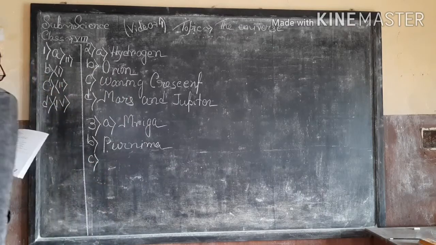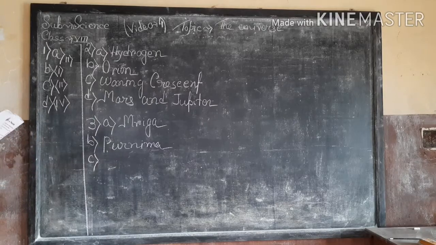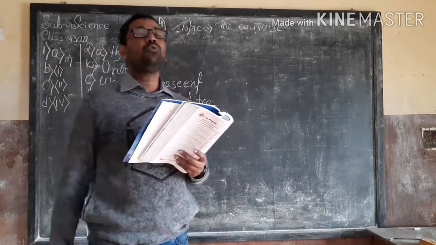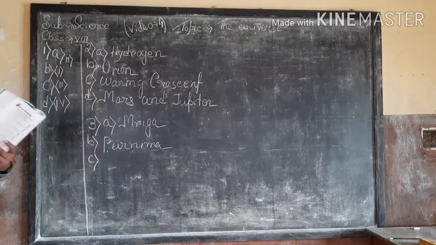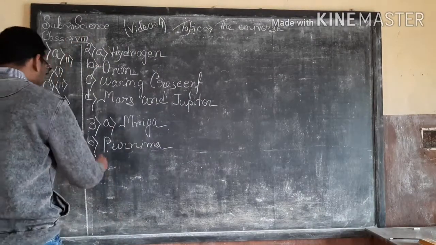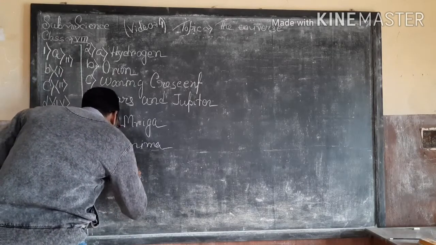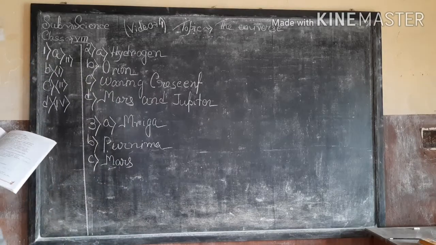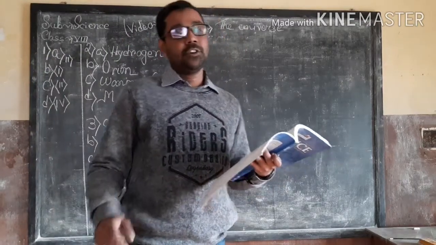C. The Earth is related to the blue planet, so dash is related to the red planet. Mars is related to the red planet. And the rest of the two for question 3 is your homework.